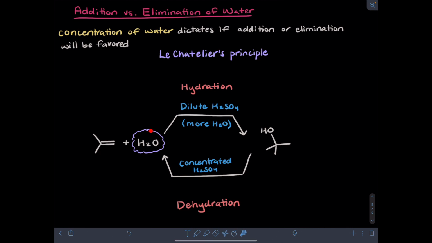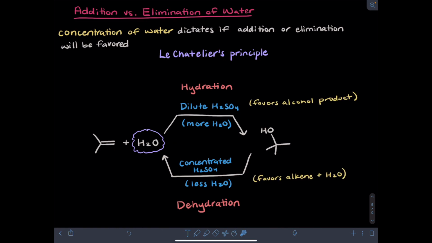As you make the concentration of water starting material high, by Le Chatelier's principle, you push your reaction to favor the product side more. If instead there is not very much water around, as is the case when concentrated sulfuric acid is used, the reaction will proceed backwards to make more water.